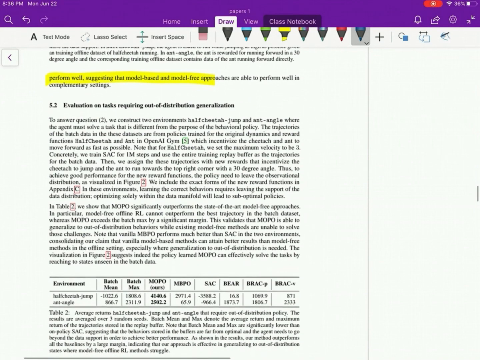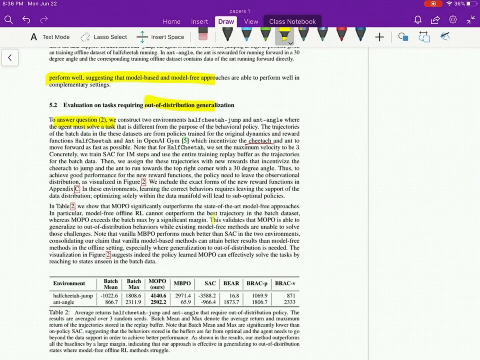So let's see the second section to answer question 2, the out of distribution generalization. Okay, there is a typo here. Let's see the data.